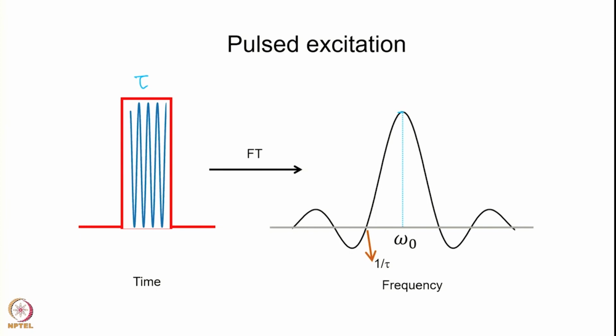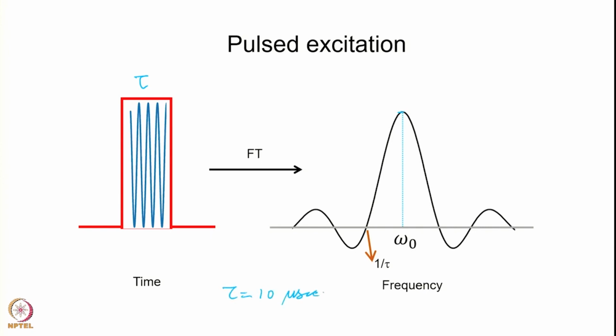So electronically, this process of starting and truncating the RF at a particular point in time generates a frequency domain profile like this, with different frequencies with different amplitudes. This is called a sinc function. Now at 1 over tau, suppose tau is of the order of 10 microseconds.